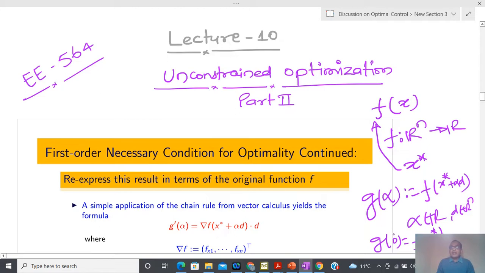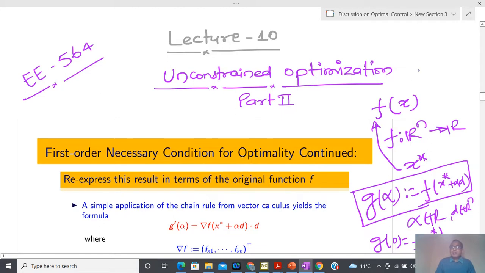One more condition I have derived using the Taylor series expansion of this function about alpha equal to 0, because now we know that alpha equal to 0 is the minimum of g(alpha). During the first order approximation I am assuming that all higher order terms are less dominant than the first order term.